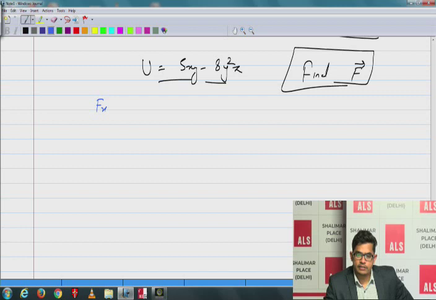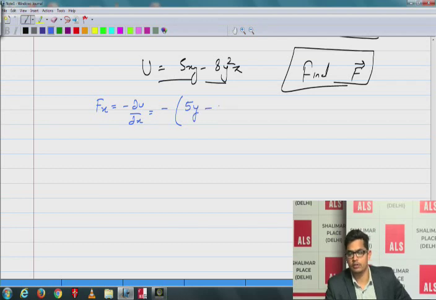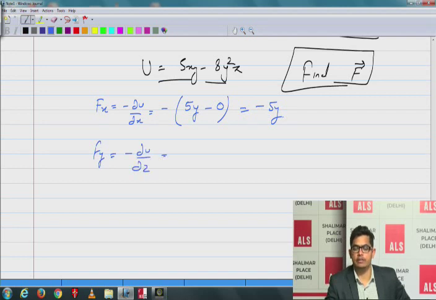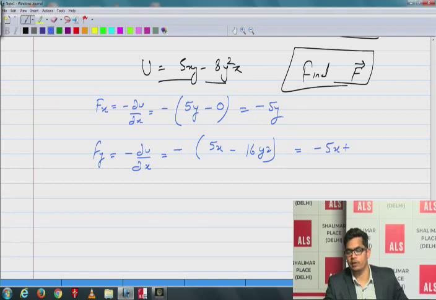So, Fx is equal to minus del u by del x. So this will be equal to 5y minus 0. So it is equal to minus 5y. Fy is equal to minus del u by del y. It is equal to minus, this will be 5x minus 16yz. So it is equal to minus 5x plus 16yz.